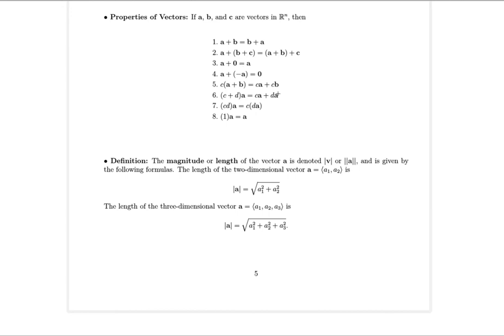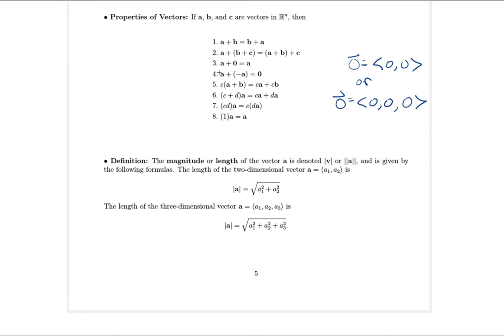It doesn't matter. Number 3, there is such a thing as a zero vector. If you were in 2 dimensions, the zero vector that we're talking about would be 0, comma 0. Or if we're in 3 dimensions, the zero vector is 0, comma 0, comma 0. Okay? So we do have that.